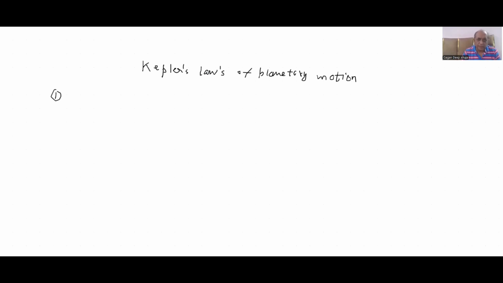Kepler first law, which is also called the law of orbits.